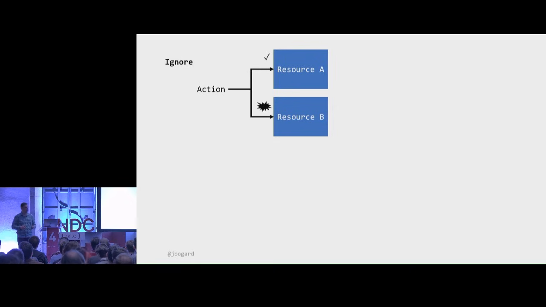Option 1, if I'm trying some operation with resource A and some action with resource B, is to just simply ignore the failure. So if the resource B action fails, just ignore it for whatever reason. Now you might say, well, didn't we just say we don't want to ignore failures? We want to take people's money.